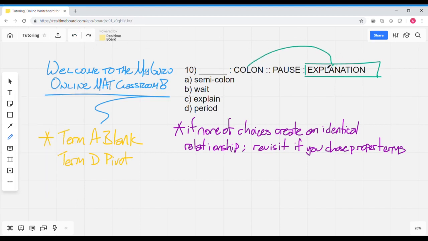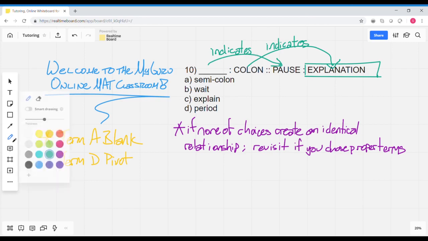And a colon doesn't necessarily just mean the part of your body. It obviously also can be a punctuation mark. And a colon indicates a subsequent explanation is coming grammatically. And so we need to find a punctuation mark that is going to indicate a pause.